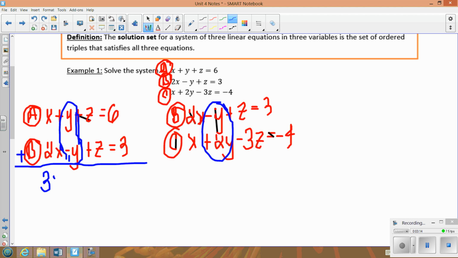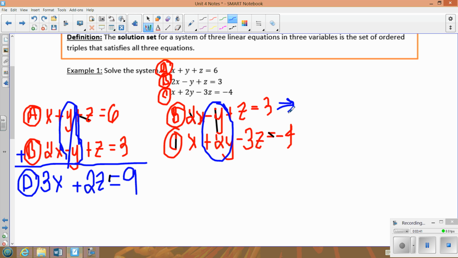So I have 3x, those are gone, plus 2z equals 9. So now I have a new equation. This new equation, let's call it D. And then over here, I'm going to eliminate those same y variables, but the only difference is I'm going to have to change one of these equations in order for those to cancel.